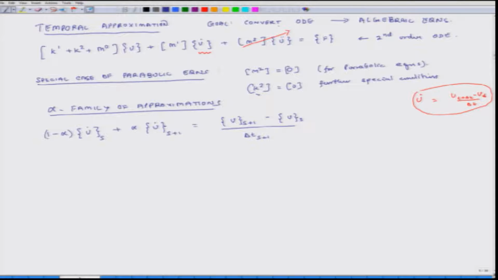Here alpha is a number and it can vary between 0 and 1.